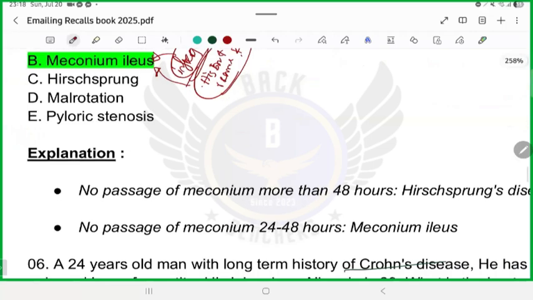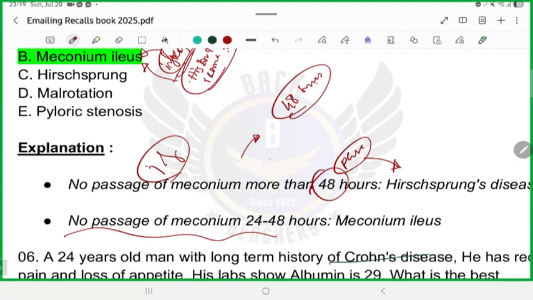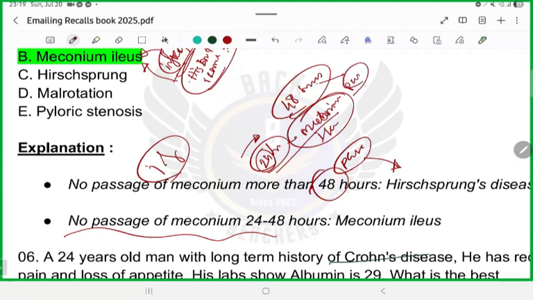If no meconium has passed and 48 hours have passed after birth, that's Hirschsprung's disease.